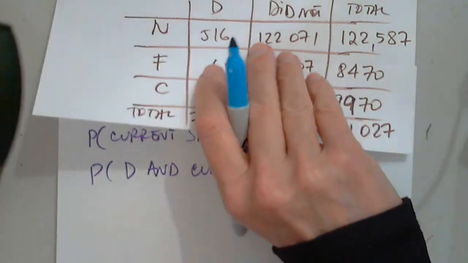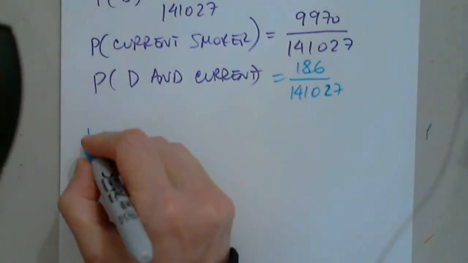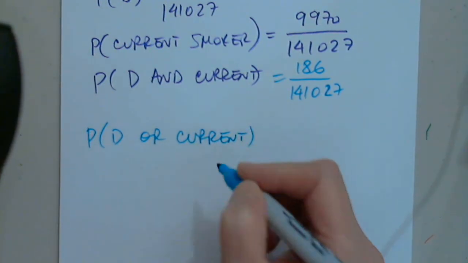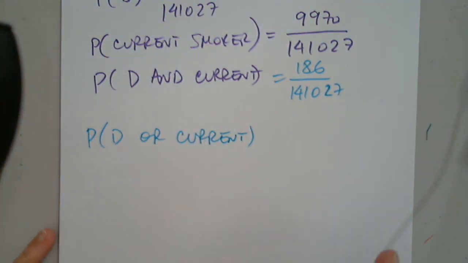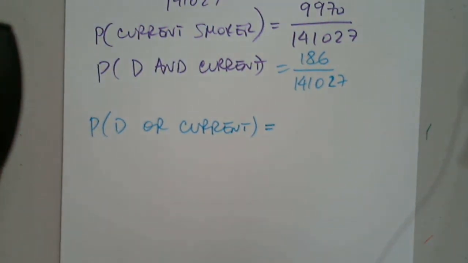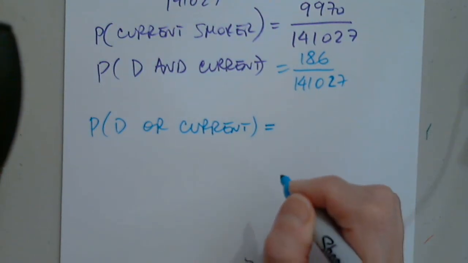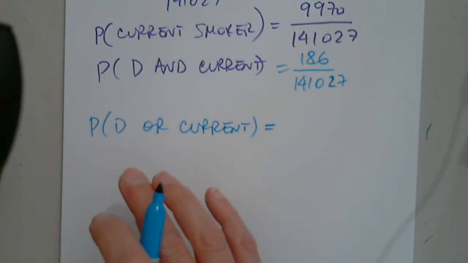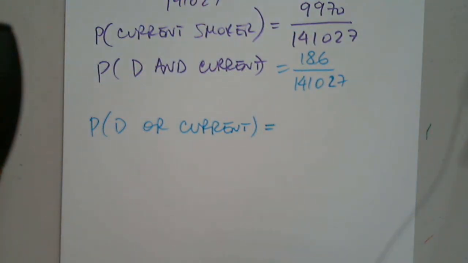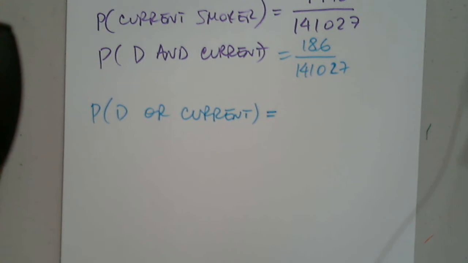And finally, we want the or. And at this moment, we don't need the table. We have everything we need here. So now remember the question is are they mutually exclusive or not? If they are mutually exclusive, then P of D plus P of current, done. But if they are not mutually exclusive, and if there is an intersection when they happen at the same time, then we have to subtract the intersection once.